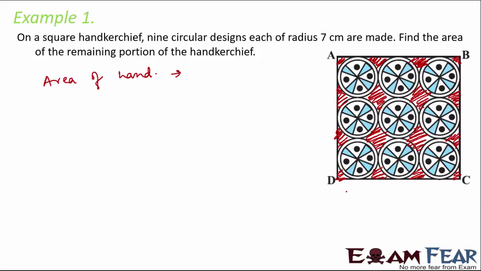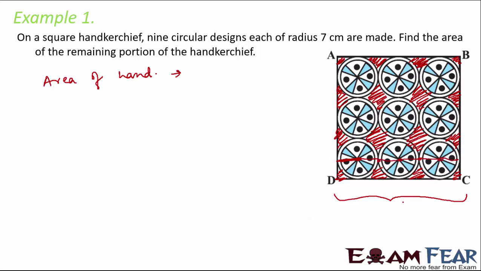In this case, what is the length of each side? If you see, all that is given in this question is that the radius of this circle is 7 centimeter. So how many such radii together make this side? 1, 2, 3, 4, 5, 6.